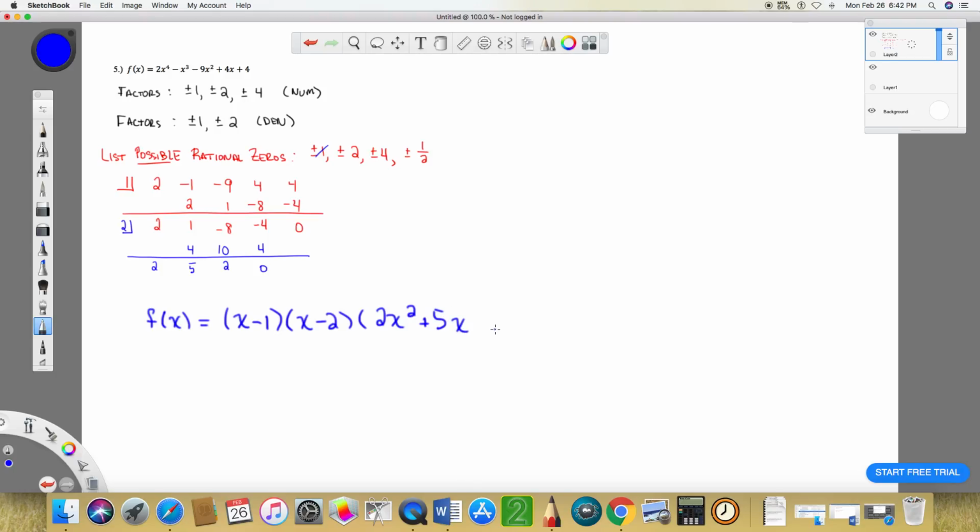Now, it's possible that this quadratic could be a parabola entirely above the x-axis, and maybe it doesn't give us any zeros. Or maybe it doesn't factor, and the quadratic formula would give us irrational zeros. I think this is going to factor.